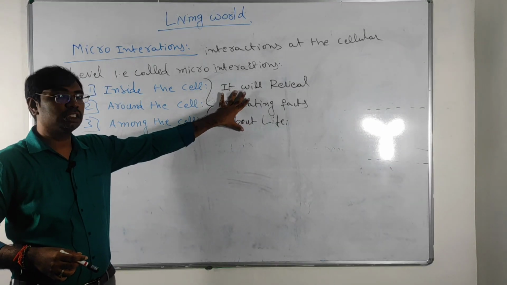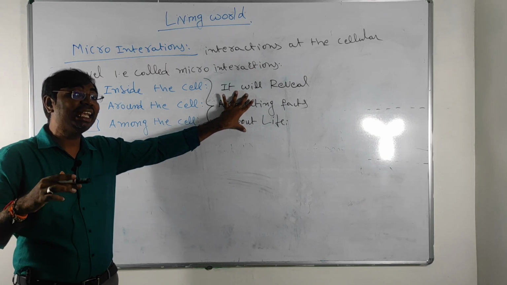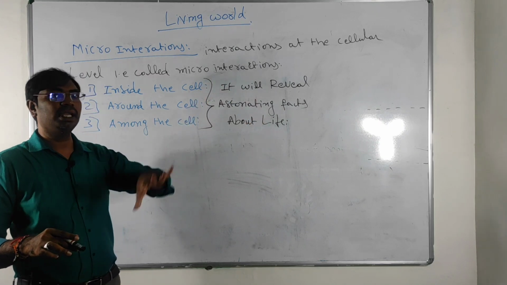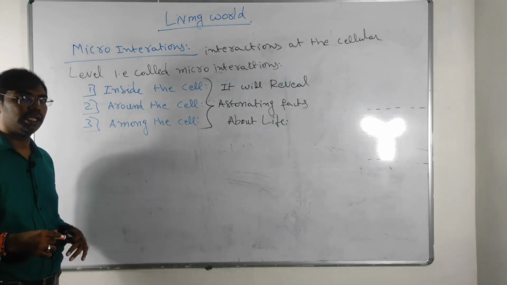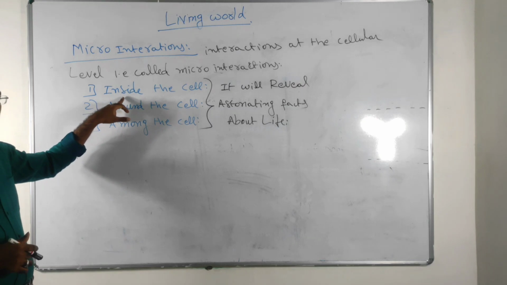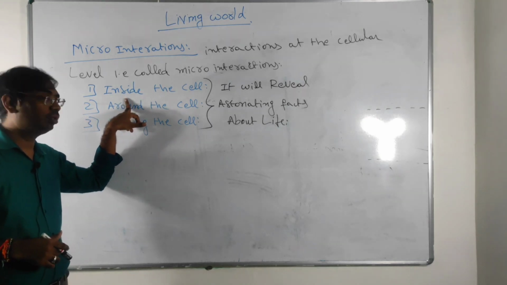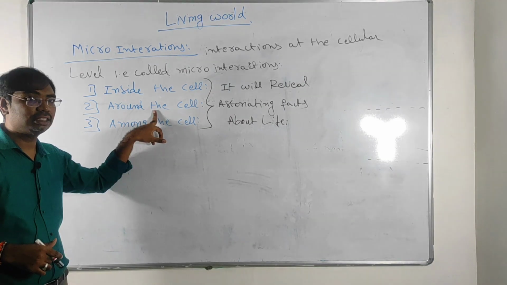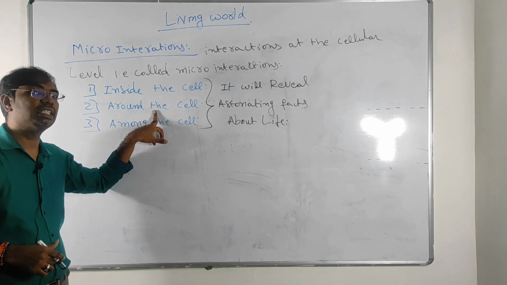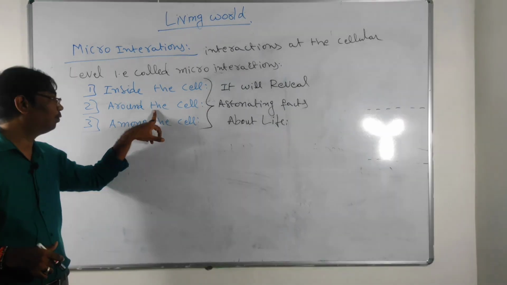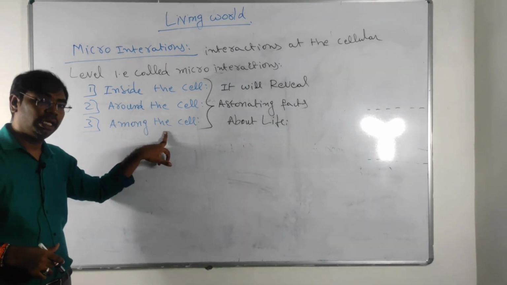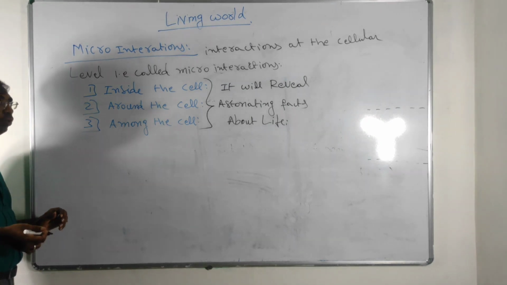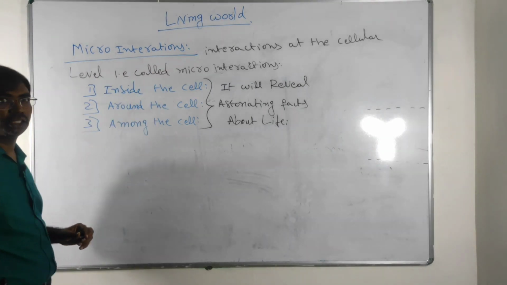Astonishing facts means very interesting facts of the life that are revealed by these three types of interactions. So interactions present inside the cell, that is biomolecules, and the second one is the interaction between the cell and the surrounding environment of the cell, means cell and blood or cell and lymph, and among the cells the interactions between the cells. So it will reveal astonishing facts about the life. This is about micro interactions.